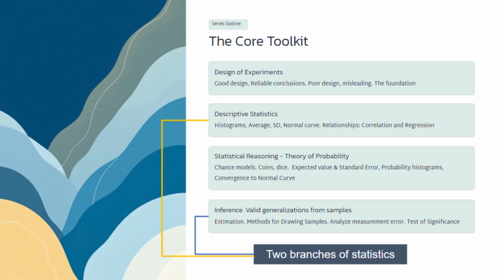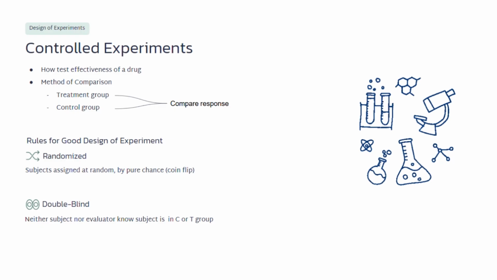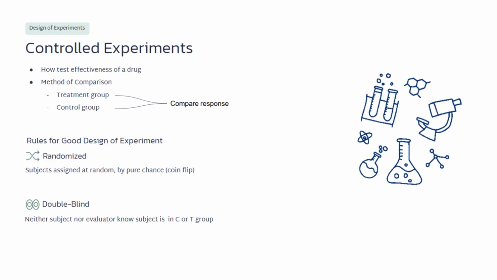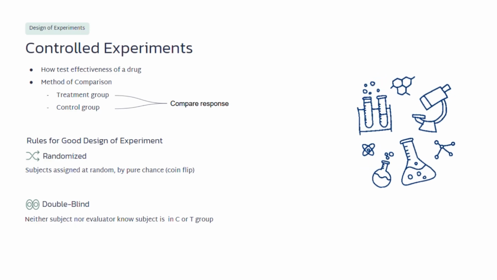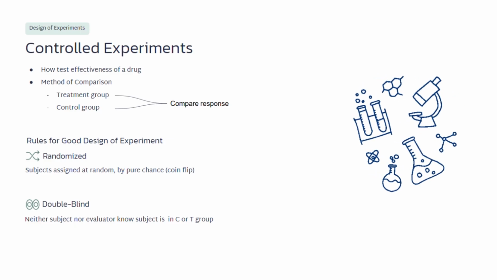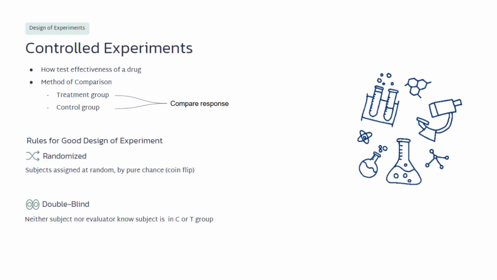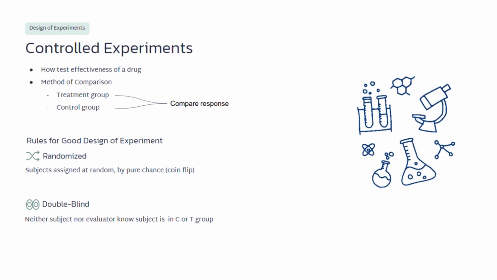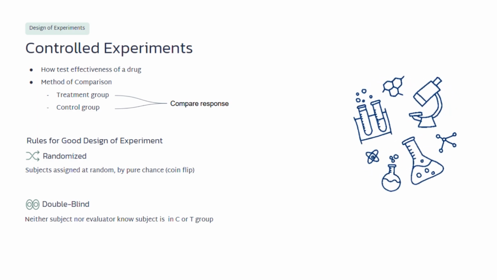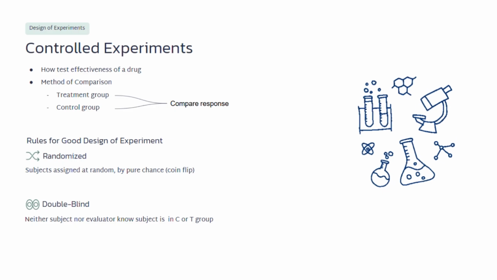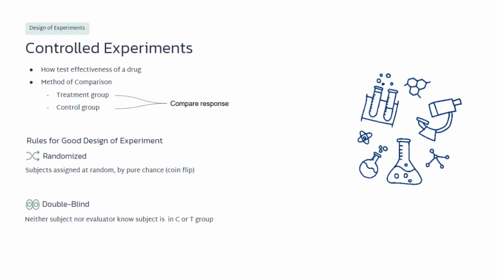Okay, that was an overall outline for our series. In this episode, we review what we mean by designing a good experiment. Assume you have a new drug which is going to be introduced. The question is how to test the effectiveness of this drug. Does it really make any improvement in the patients? How effective is it?